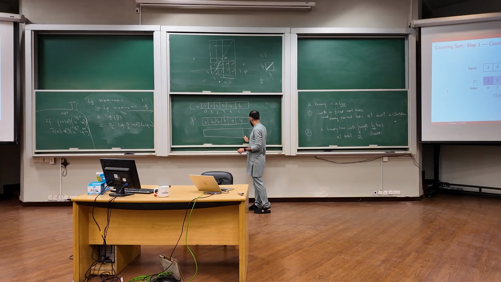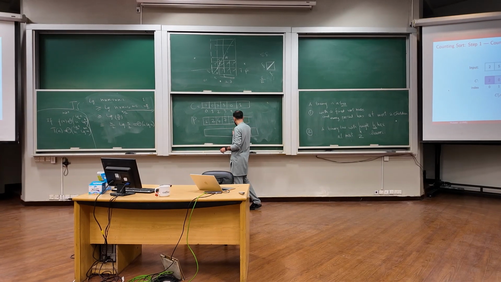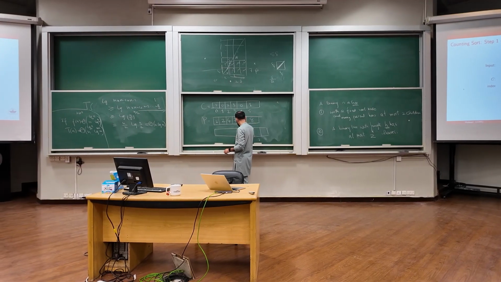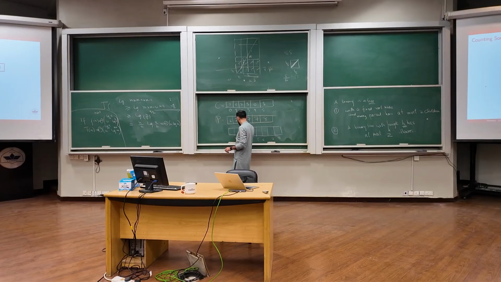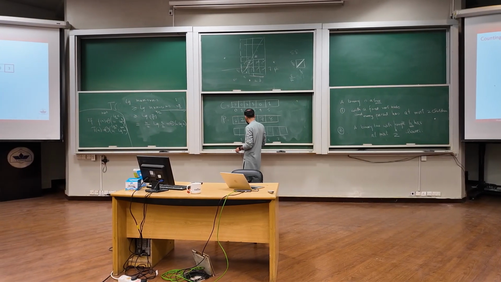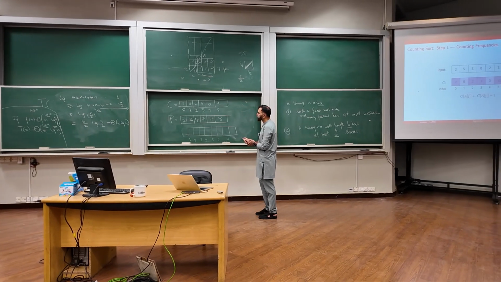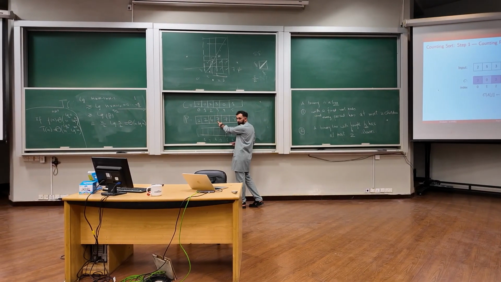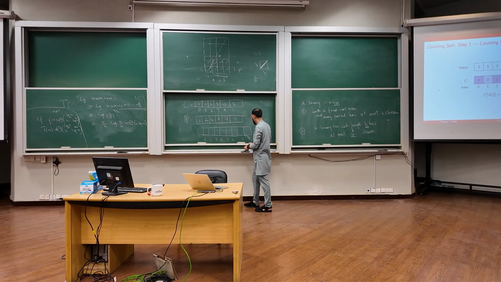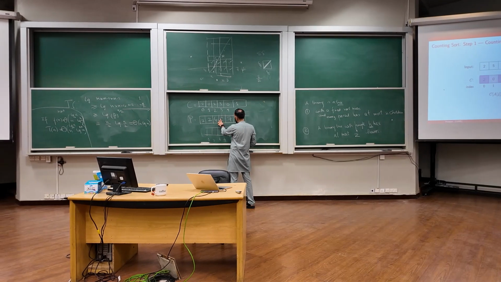So 8, 7, 6, 5, 4, 3, 2, 1. I think 1, right? I don't have a 0. Okay, so I look at 3. The last 3 is at 7.